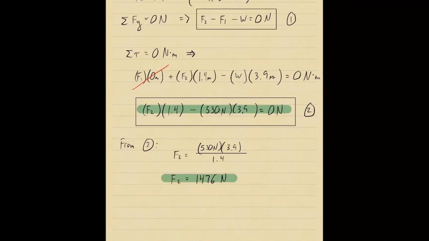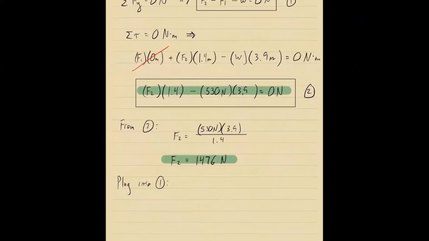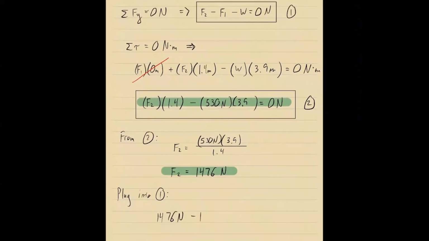There we go. And now that we know that, we can take this and plug it into our equation 1. So plug into equation 1. And so this is going to tell us that F2, which is 1,476 newtons, minus F1 minus the weight, which is 530 newtons, is equal to 0.